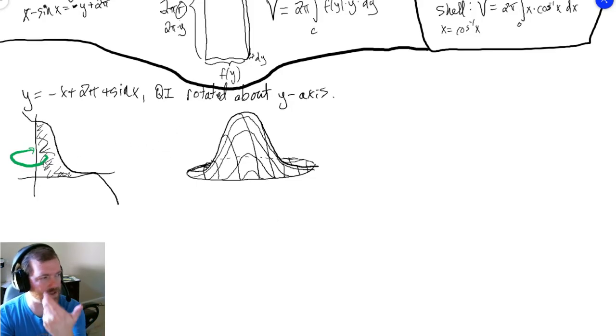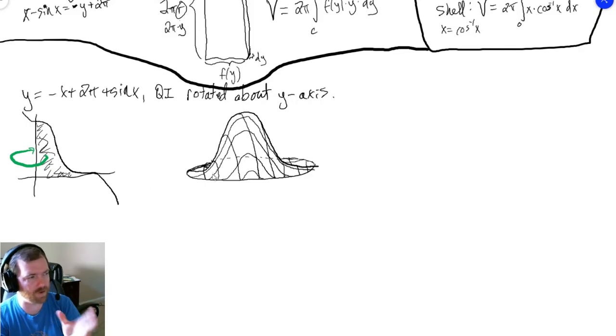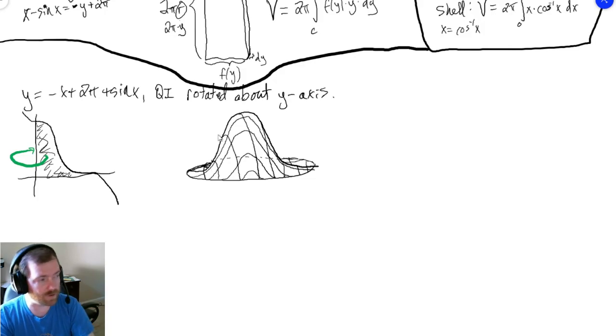So if we rotate this thing around the y-axis, it's going to look roughly like a hat. And again, if we want to look at the volume of this entire thing, we can do it in one of two ways. Either the disk washer method or the shell method. And again, in this case, if we do this in the disk method, you'll notice that we're going to have a problem because, just like before, this needs a function in terms of y.